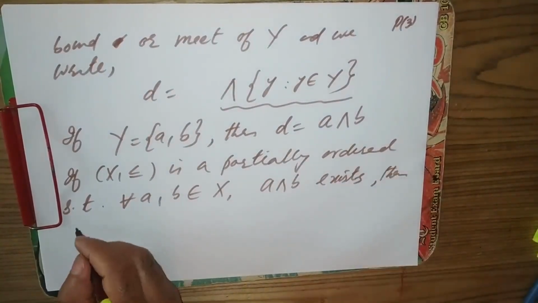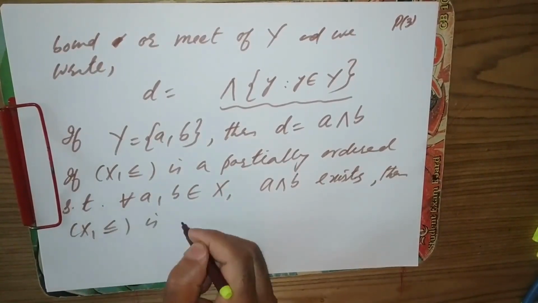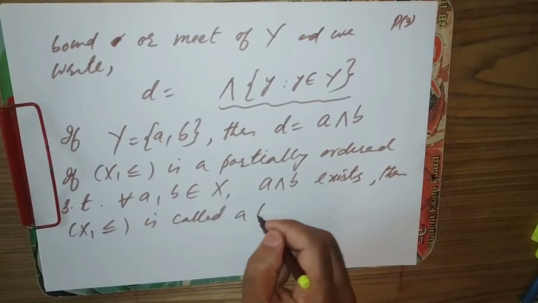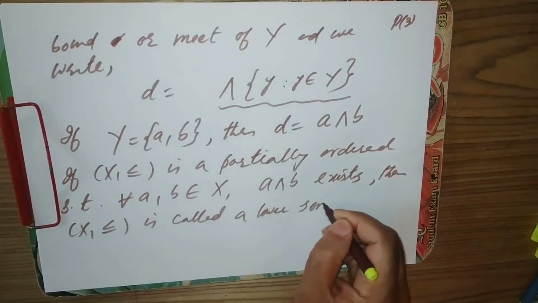Then (X, less than or equal to) is called a lower semilattice.